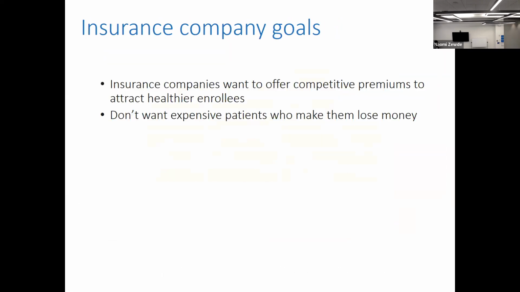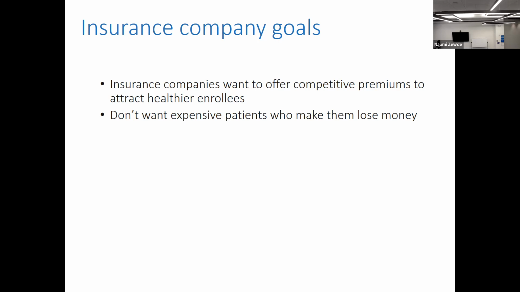And finally, insurance companies, when they're thinking about adverse selection, their incentive is that they want to have low premiums, just low enough that they can beat their competitor so they can get more market share, but they still want healthier patients in their pool so that they can keep the rest.